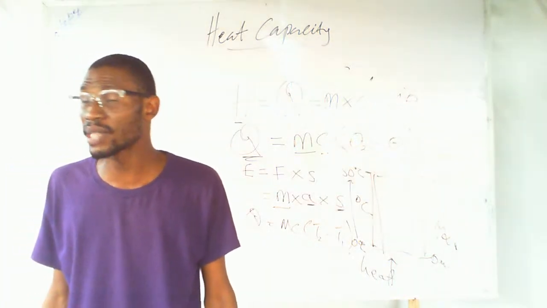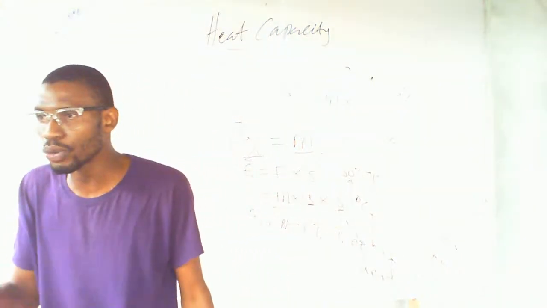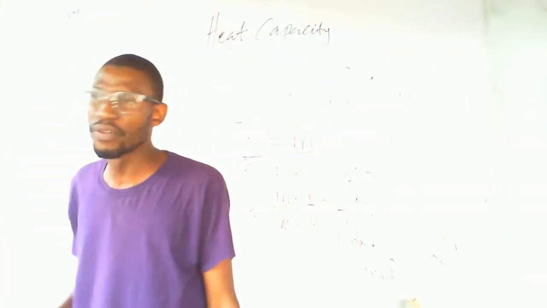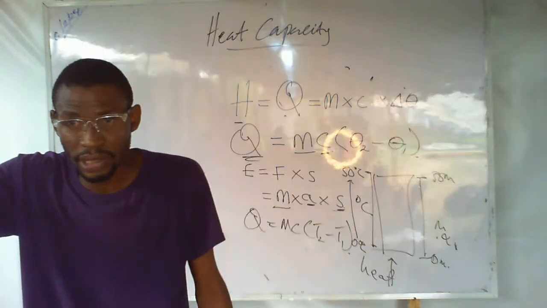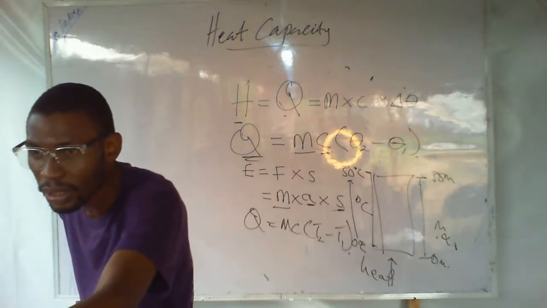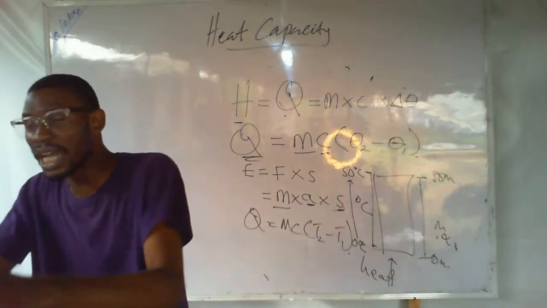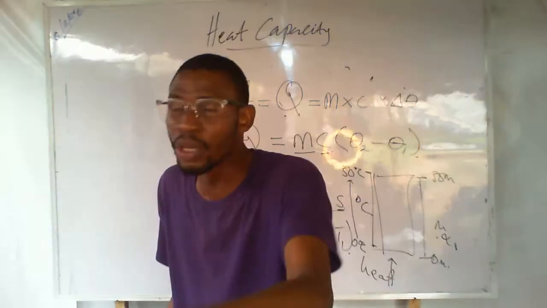For exam purposes, those of you writing WAEC, I will advise you: whenever you want to define this, take the standard. Take Kelvin. Don't take degree. I'm not saying that degree is wrong, or that if you write degree they will fail you totally.